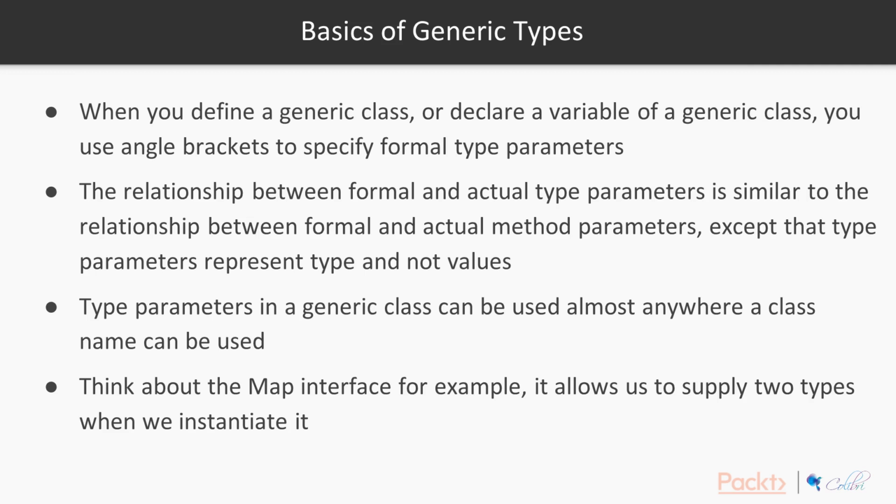Type parameters in a generic class can be used almost anywhere a class name can be used. Think about the Map interface, for example. It allows us to specify two types when we instantiate it. It's those type parameters we're talking about, and we reference those type parameters in the definition for our class or our interface, or in fact our functions as well.